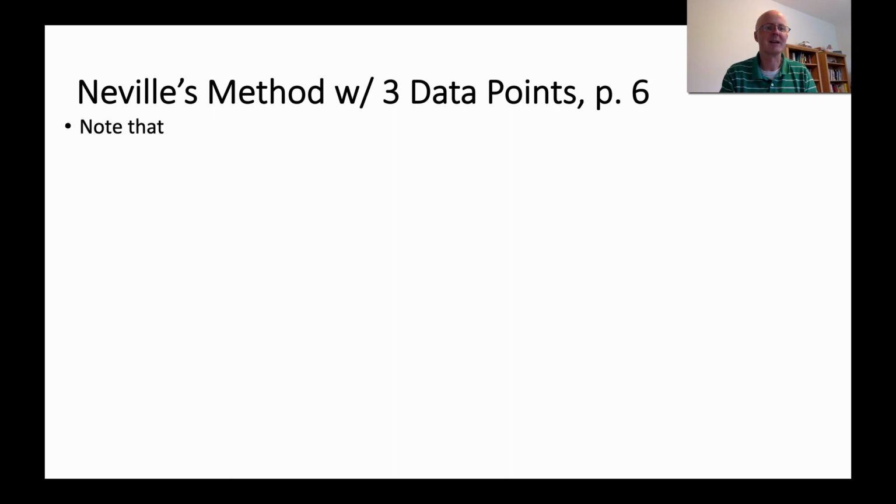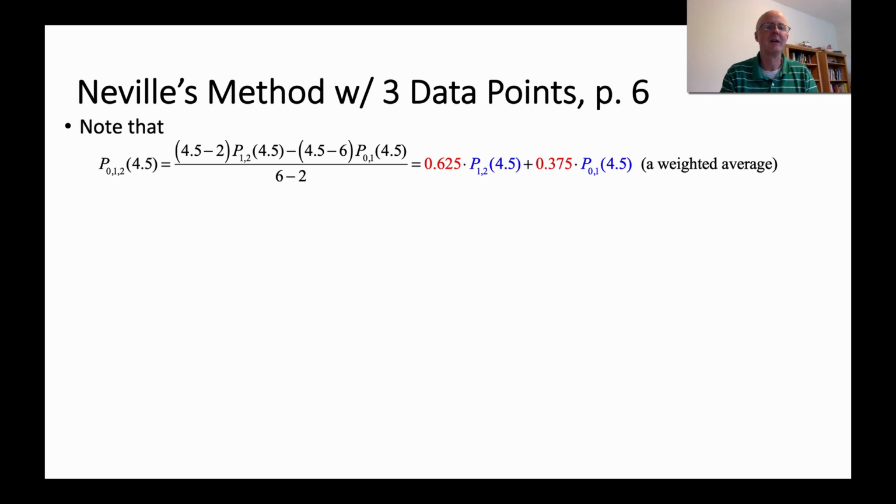This is, again, really key to getting this. We can go back to the weighted averages here too. We can think about plugging in 4.5. P012 of 4.5. If I plug in x equals 4.5 in here and here in the previous slide equation, I can rearrange and write that as a weighted average, where now the weights are 0.625 and 0.375.